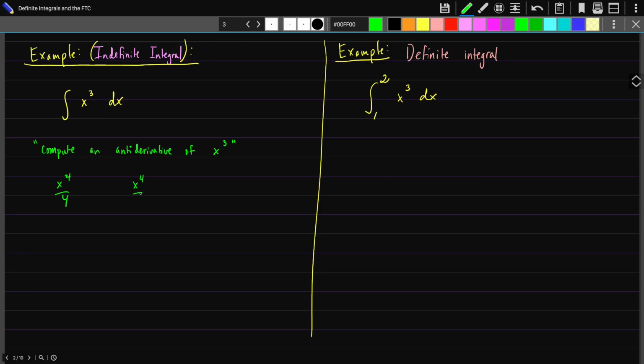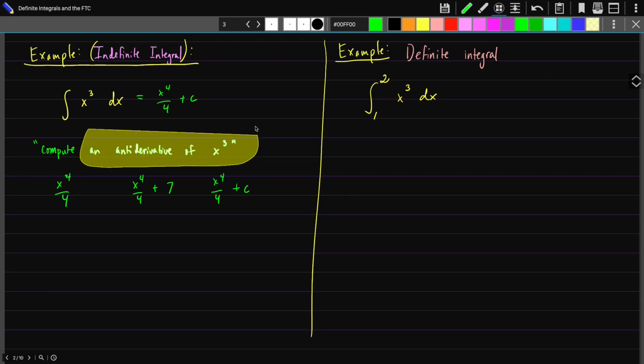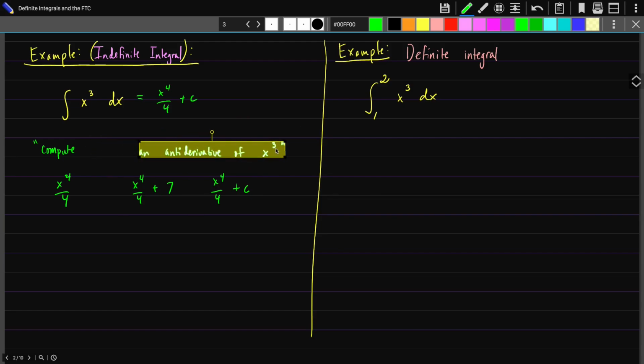So is x to the fourth over 4 plus 7. In general, the most general antiderivative for this is x to the fourth over 4 plus c. So that's our answer. Actually, what this is asking us to compute is not just any antiderivative, but the most general antiderivative. And that's why our answer is always going to include that extra constant c.